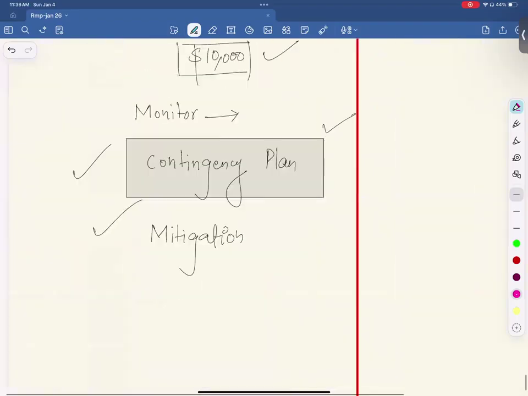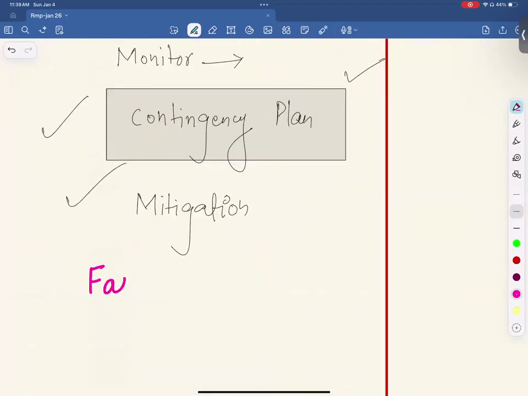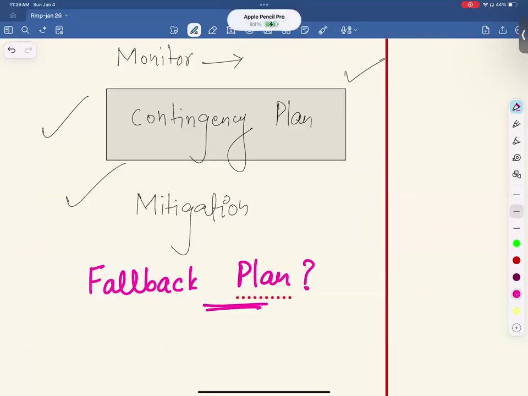Last thing here is what we call fallback plan. Anyone, please, what is fallback plan? Fallback plan is basically what we call plan B. For example, we have planned something for a specific risk, and after occurrence, if our action does not give the intended result, we go for another plan, that is plan B. If the primary plan fails, then a secondary plan as a fallback plan is used.